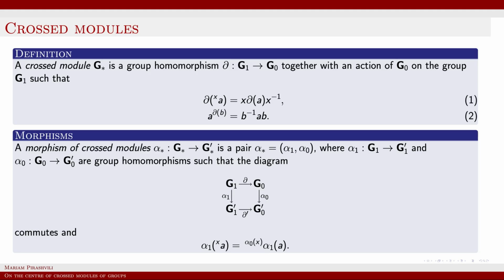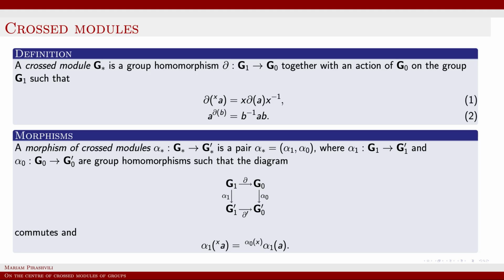Okay, so a lot of what I'm going to say involves concepts that were defined or touched on in the first talk today. In particular, crossed modules were mentioned already. But instead of starting with extensions, I'll directly start with two groups, a homomorphism between them, and an action of G0 on G1. We need this action and the homomorphism playing nicely together, which is these two properties.